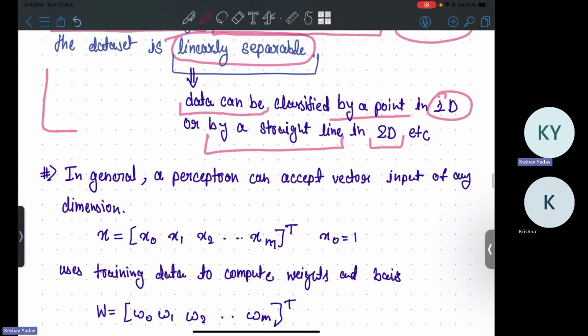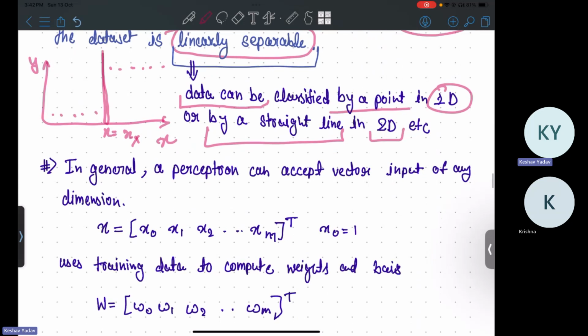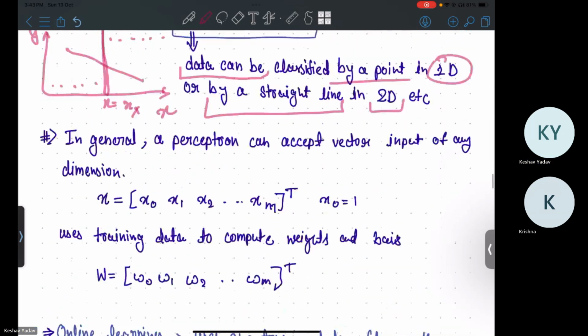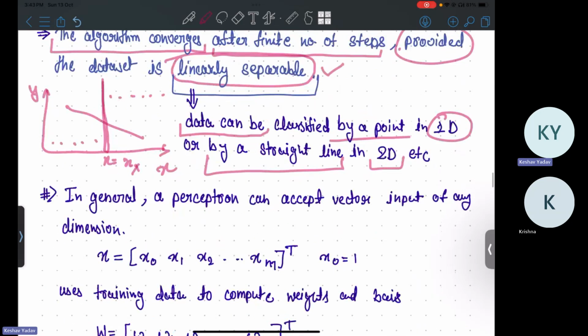Suppose in the 1D case I have only one input x. There must be a point, say x star, that classifies the data into two categories. So that is linearly separable. And in the 2D case, there will be a line that separates the data set. This is what we mean by linearly separable.